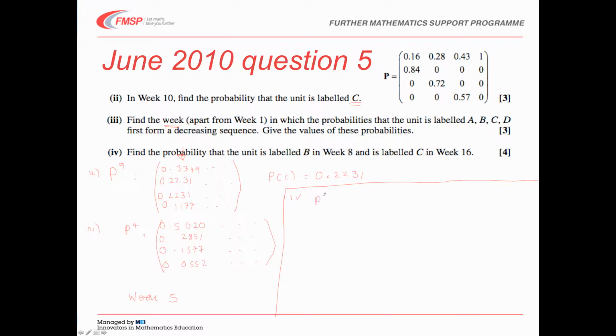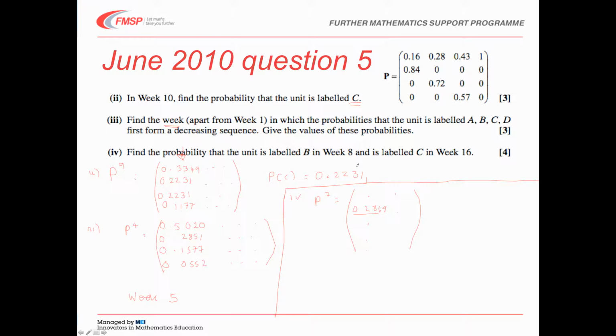If you work out p to the power 7, the relevant bit that we need to look at is that it's labelled B. So we're just going to look at this element here, which is 0.2869. Again, we've got all the other elements there, but that's the one we need. Then it's labelled C in week 16. It might be tempting to think, well, that's p to the 15, but actually you've got to remember, we know what happens in week 8.